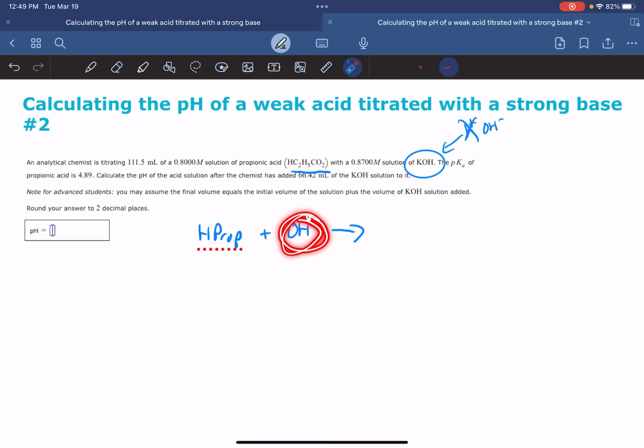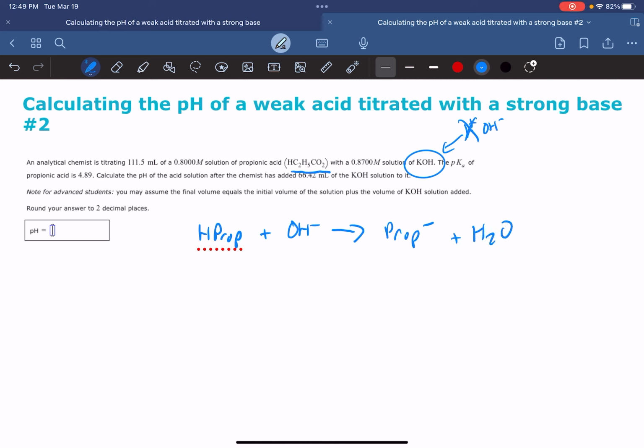So we'll end up using up all the OH minus and end up with a little bit of this left over, or the OH minus will completely use up this and we'll end up with extra OH. So it's a one-way street. And what that means is that on the other side, we're going to end up with prop minus plus H2O.